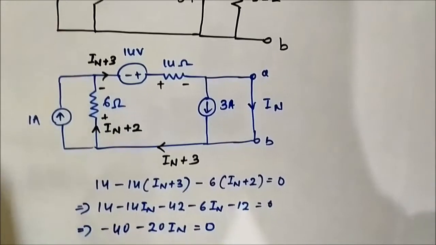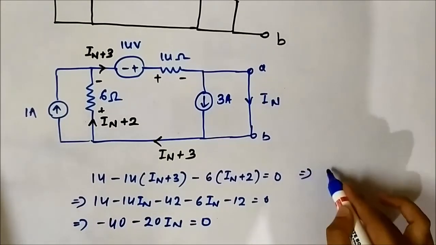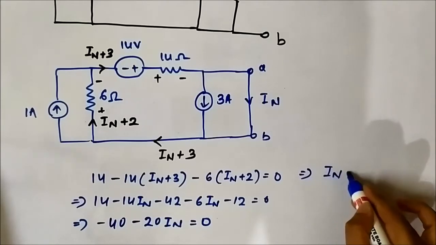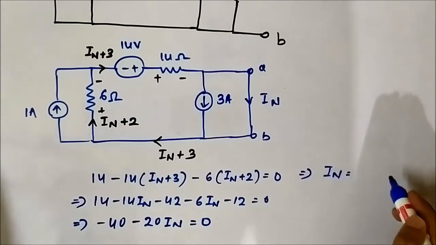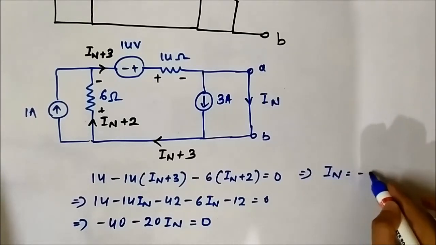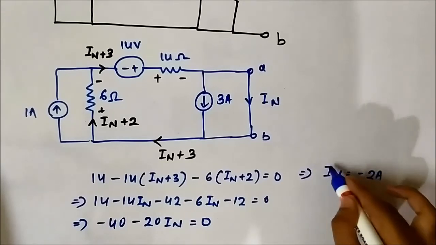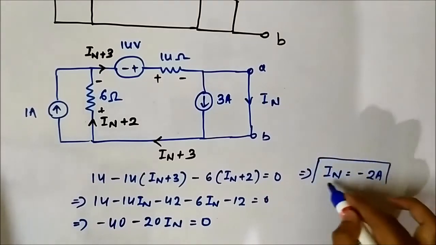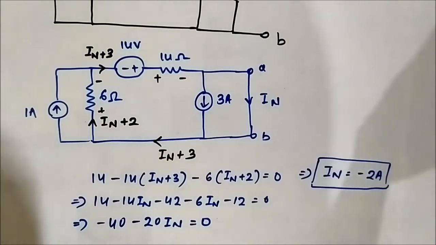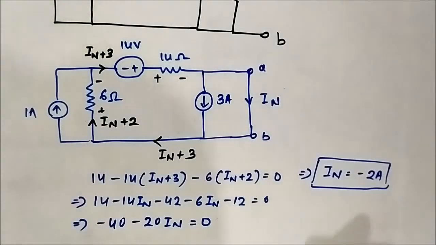That implies IN is equal to minus 40 by 20, which is equal to minus 2 ampere. This is the Norton current, IN is equal to minus 2 ampere. Now we have got the Norton current.